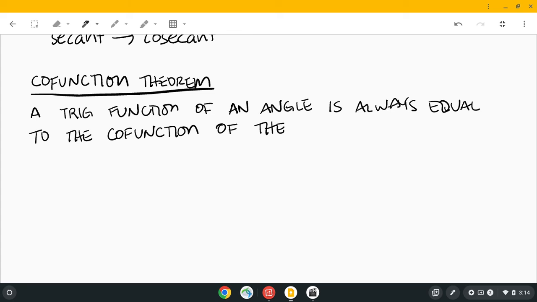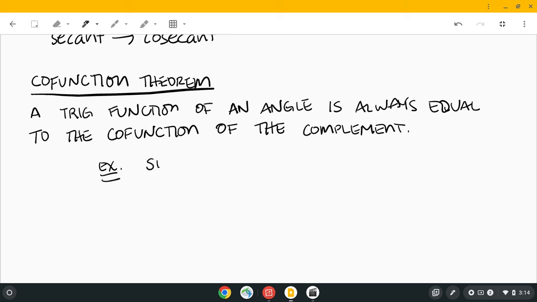Remember, two angles are complementary if they add up to 90 degrees. Okay, so cofunction of the complement. Okay, so let me give you an example so it makes a little more sense to you.